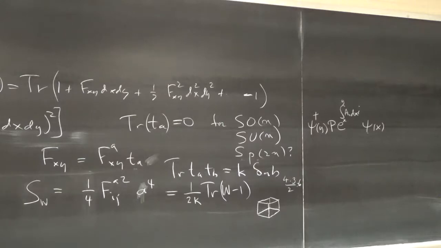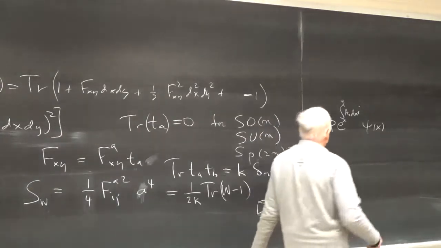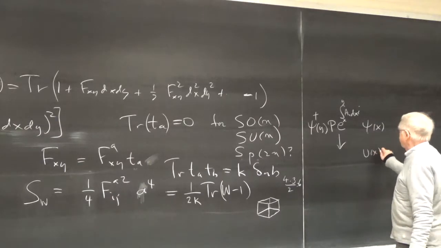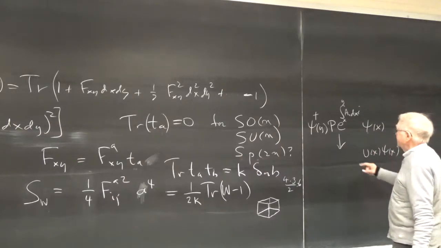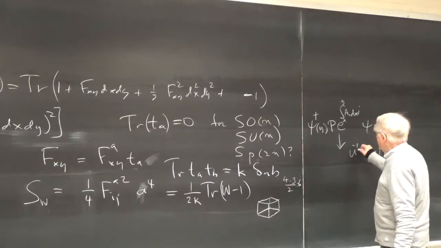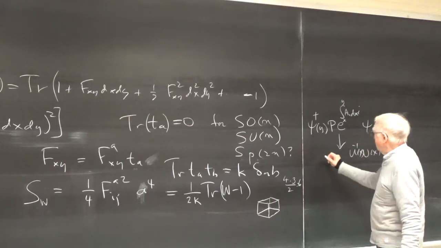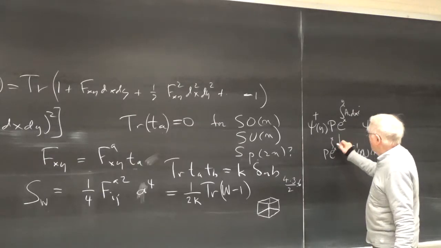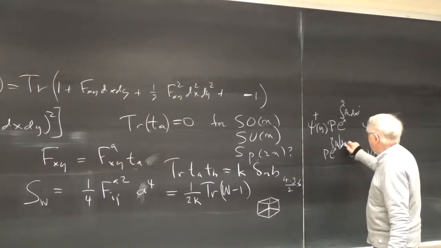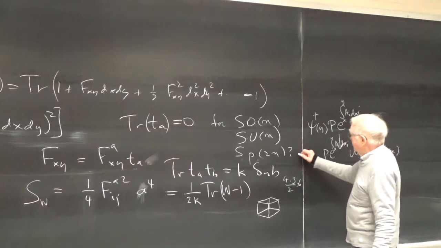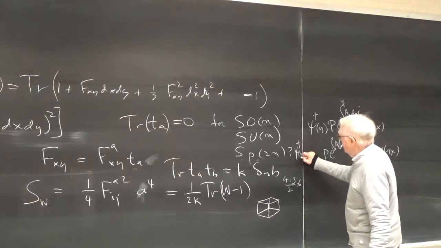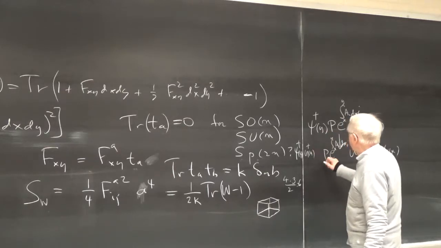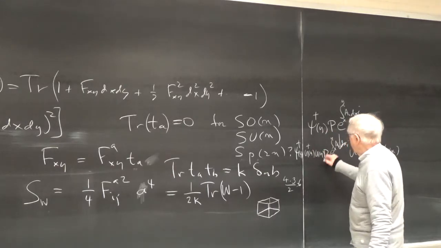Under a gauge transformation, this turns into U of x, psi of x, this turns into U inverse of x, path-ordered e to the integral from x to y of A_i dx^i, and then this turns into psi dagger of y, U adjoint, or equivalently U inverse of y, and this turns into U of y.